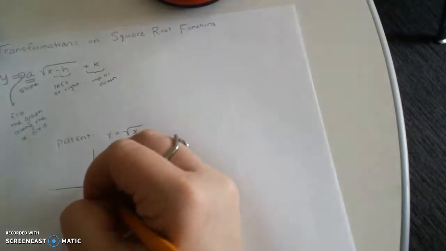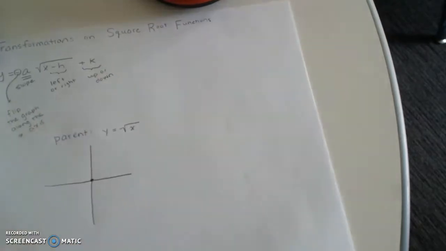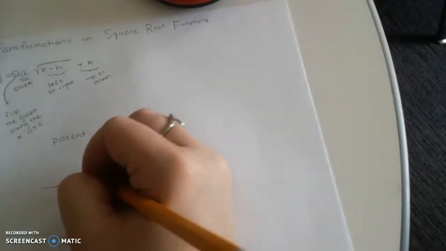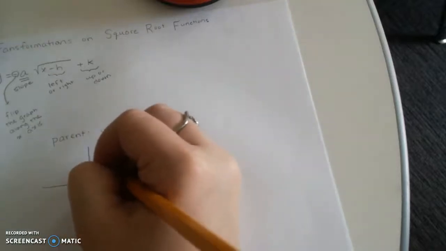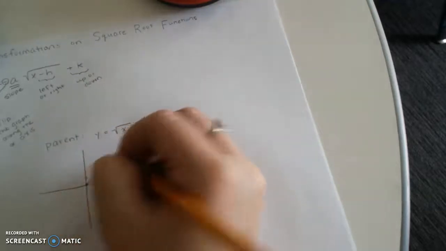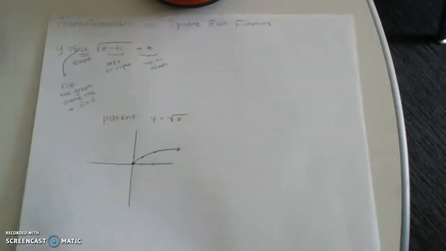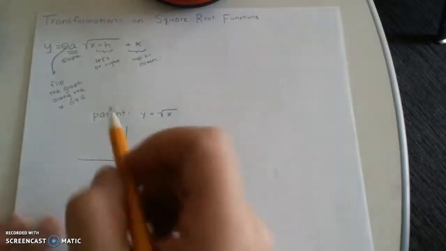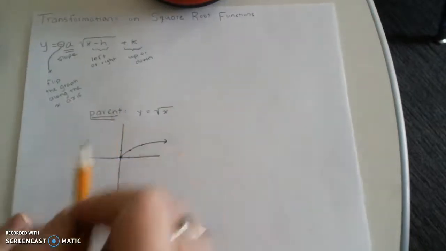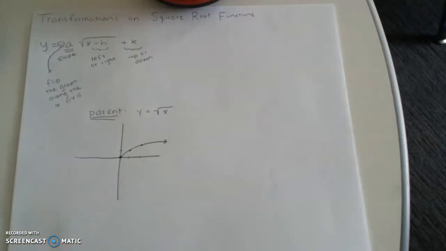For this graph, we start at the origin. We go over 1, up 1, over 2, up 2. It's going to look like half of a parabola. So that's our parent function. That is the most basic square root function that we can possibly have.